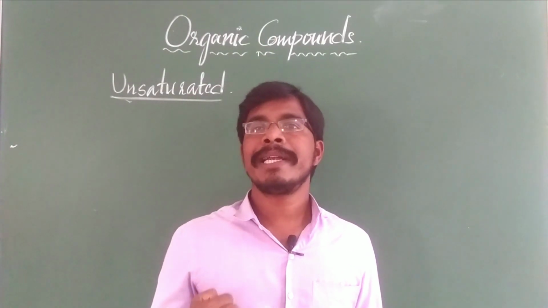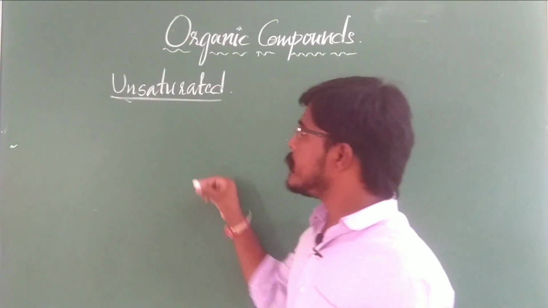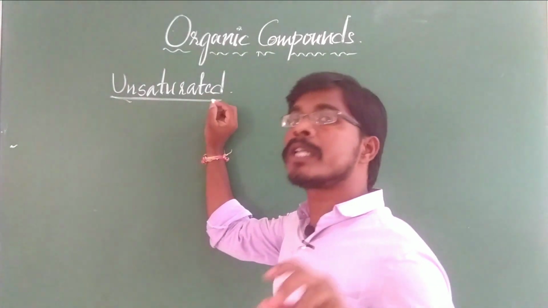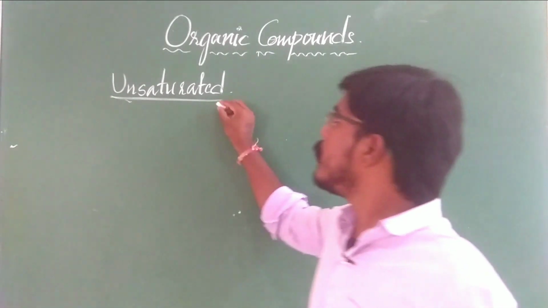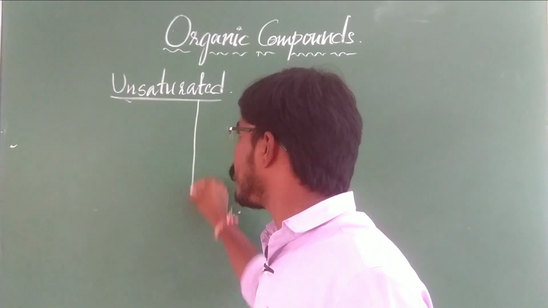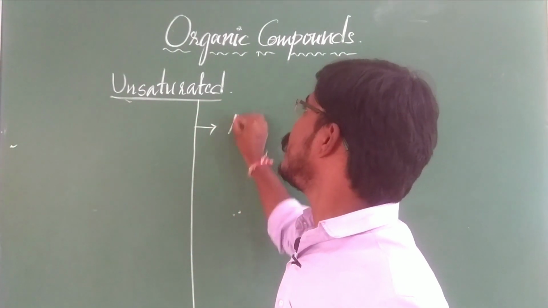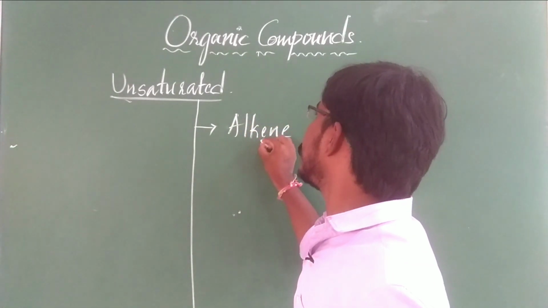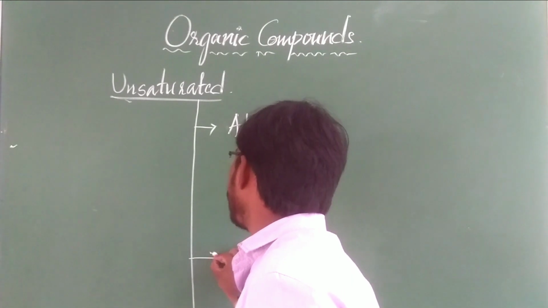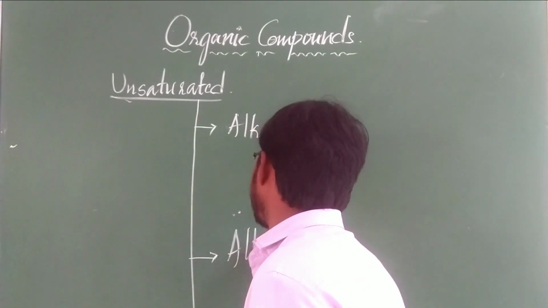This unsaturated is again divided into two types, based on the bonds present between carbon and carbon. The first one is alkene, where ene is there, and the second one is alkyne.